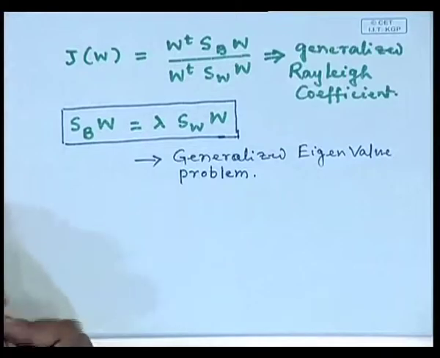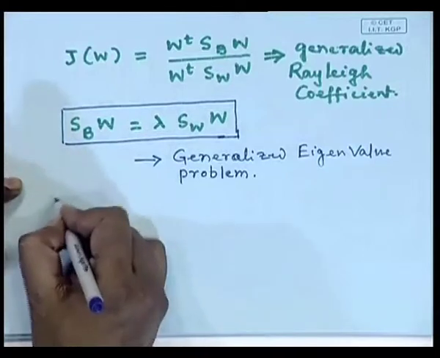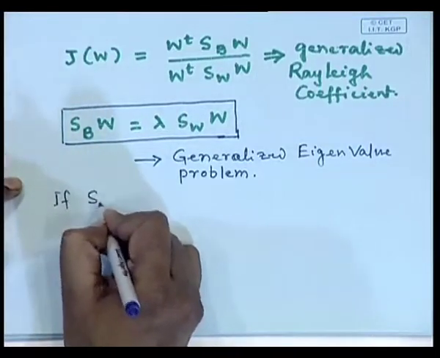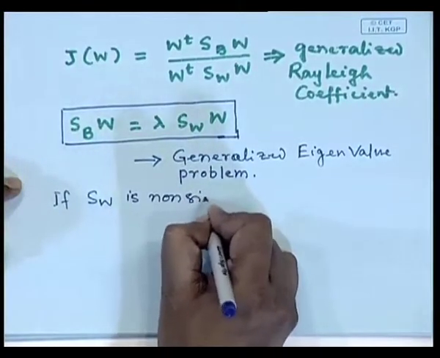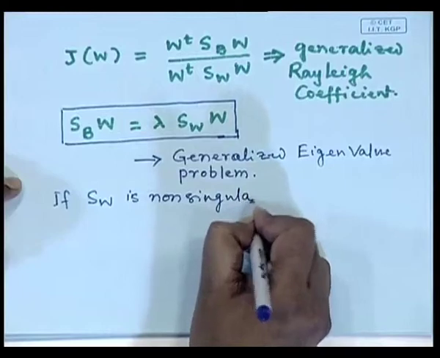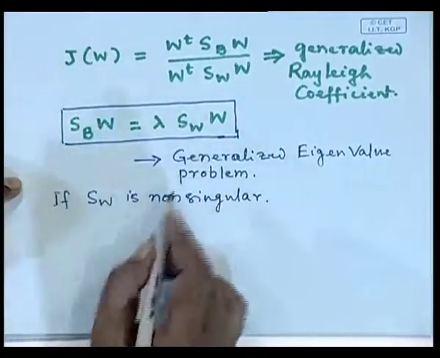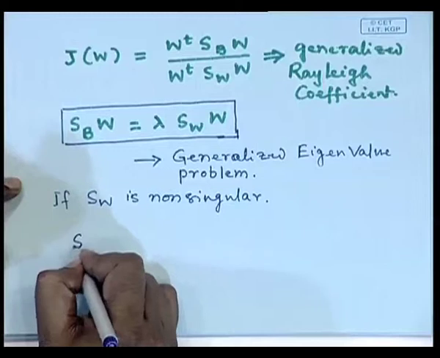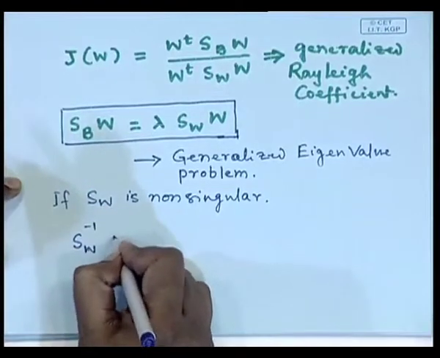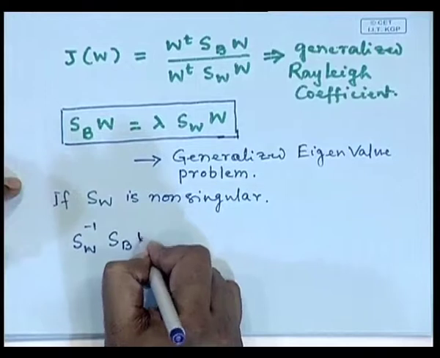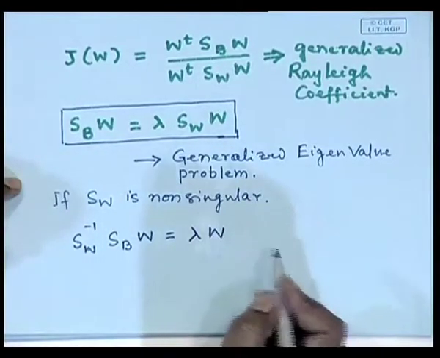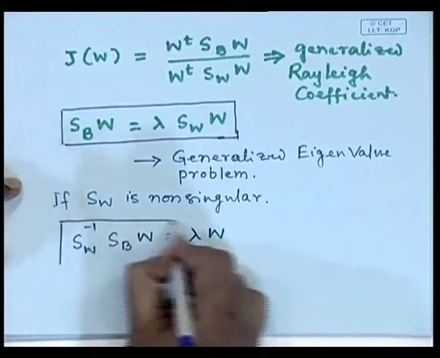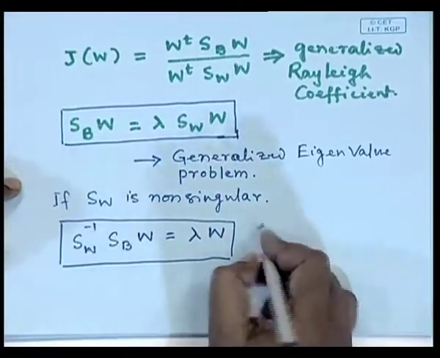You find that if S W is non-singular, then this expression will simply take the form S W inverse S B W is equal to lambda times W. So, this is our well known eigenvalue problem.